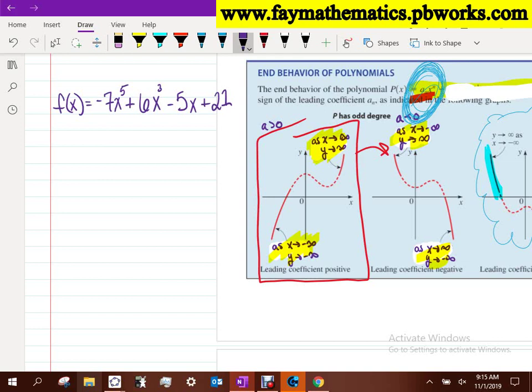Let's say that x is 100. If I take 100 and raise it to the fifth power, how many zeros does that give me? 2 zeros raised to the fifth power should give me 10 zeros, right? So I'm going to have negative 7 times a 1 with 10 zeros. So 1, 2, 3, 4, 5, 6, 7, 8, 9, 10.